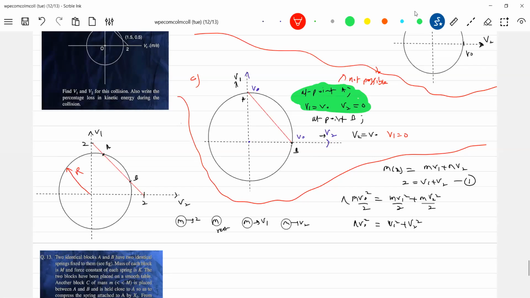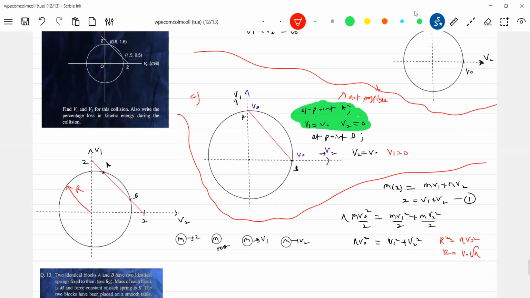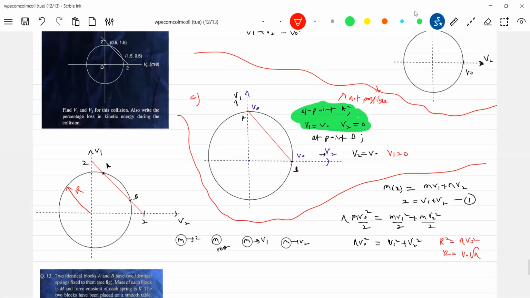What is r? r square will be eta v naught square. Can we calculate the radius? Any information? I think for that they've given coordinates. So here you draw the line like this. Take help of anything.